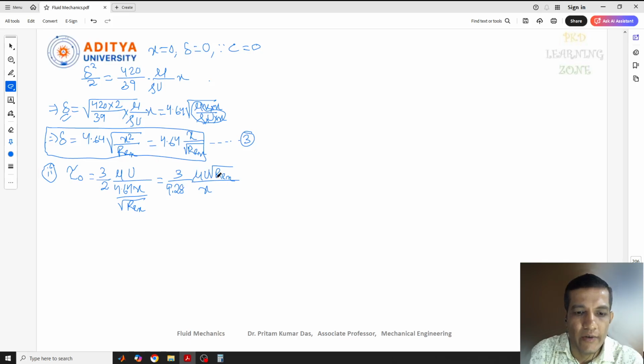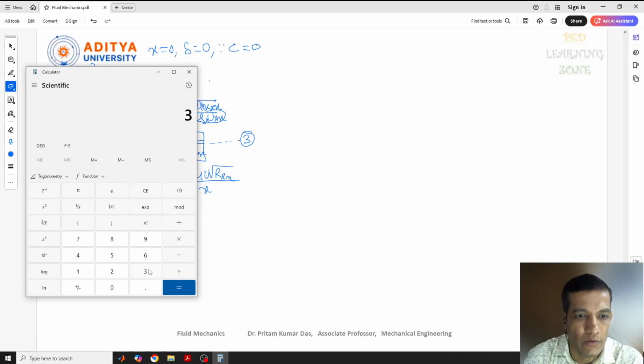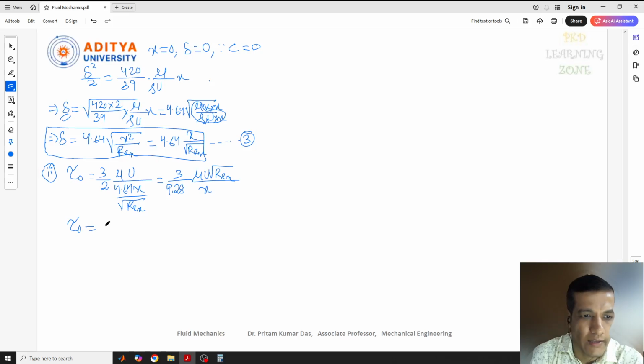Finally we need to find tau naught equal to 3 divided by 9.28, which is nothing but 0.323. So we get tau naught equal to 0.323 mu u by x root over of Re x. So the shear stress also we got in terms of the Reynolds number.